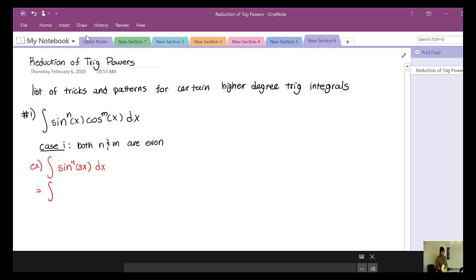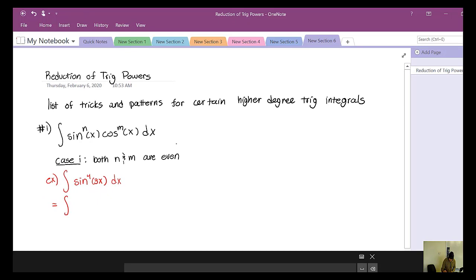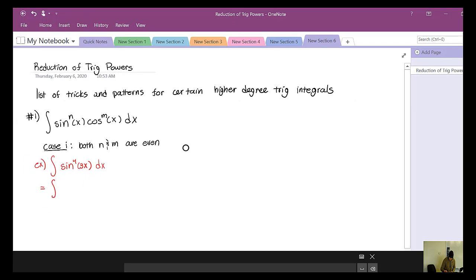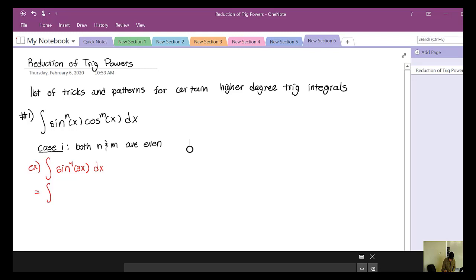The general method is we're going to use the half angle formulas to reduce powers. Just as a reminder, what are the two half angle formulas?